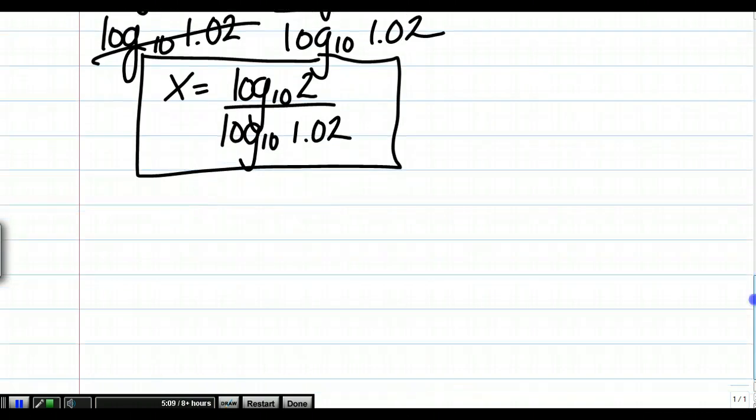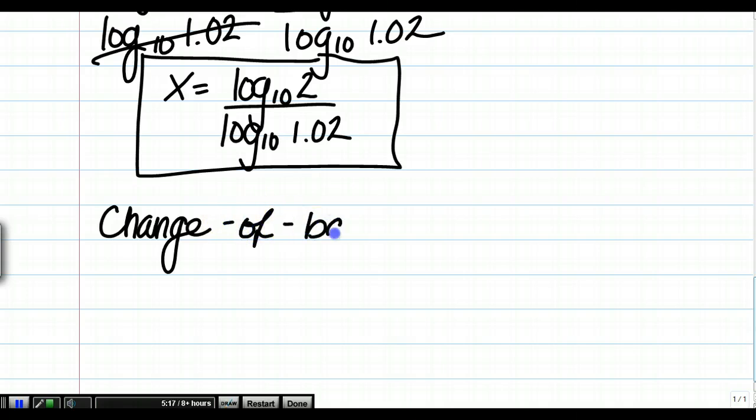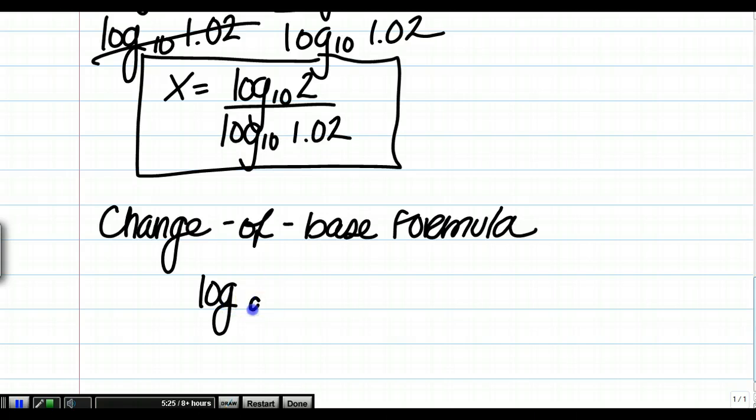Let's go on to something new. There's another formula. This is the last one. It's the change of base formula. It says if you have a log base a of x, let me write it out and then I'll show you how this kind of works.